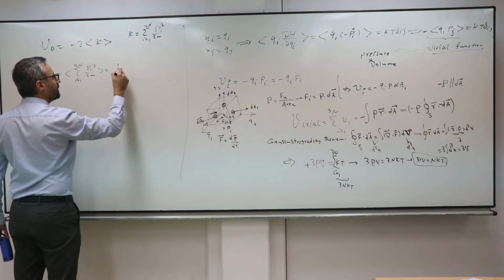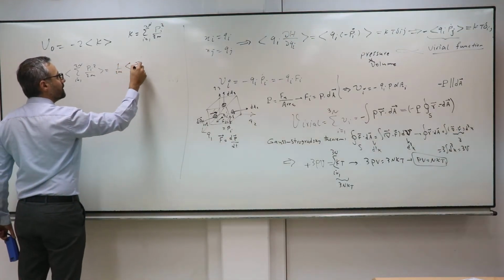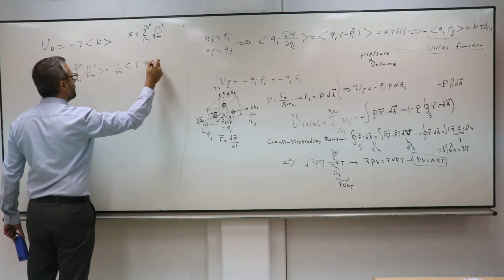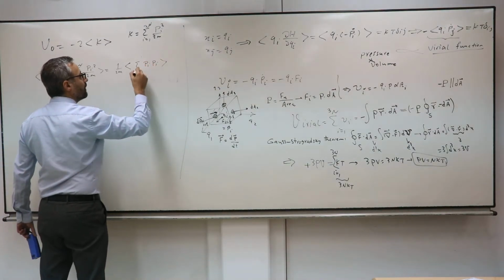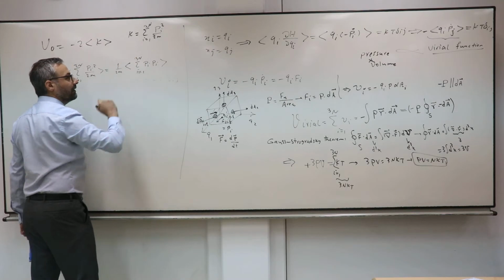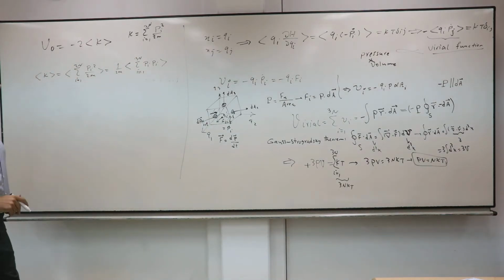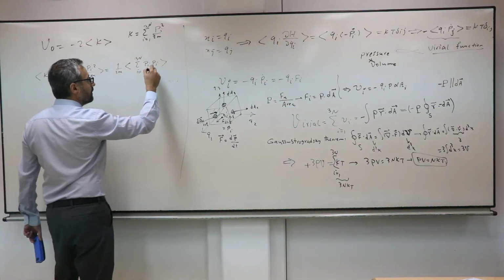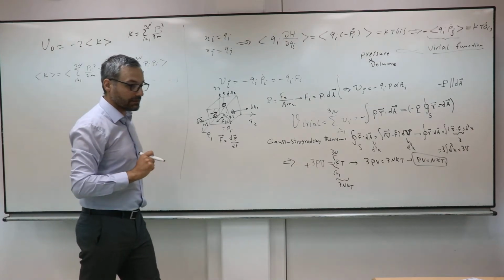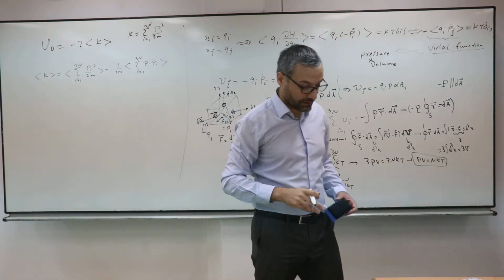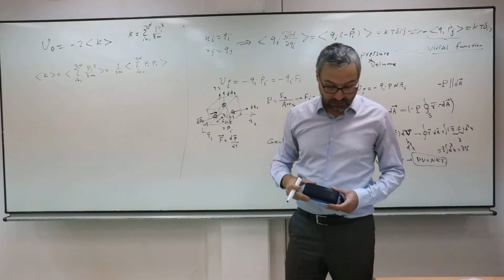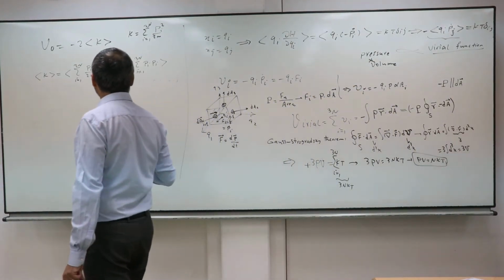You will write sigma, i equals 1 to 3N. Look at what I will do. Instead of the p_i, I can write in terms of the partial derivative of the Hamiltonian. And you can use the equipartition theorem.